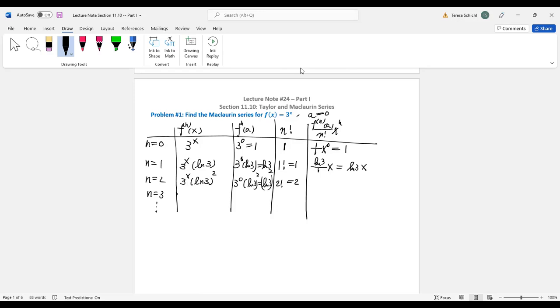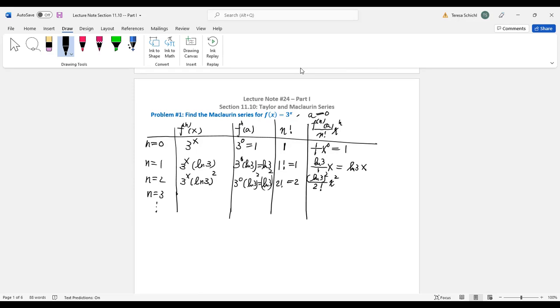So now I can write this as natural log 3 squared, over 2 factorial, times x squared.